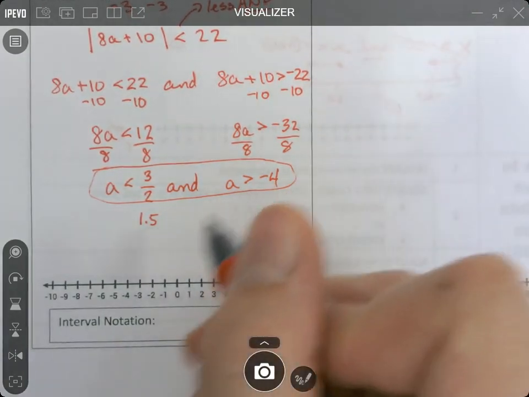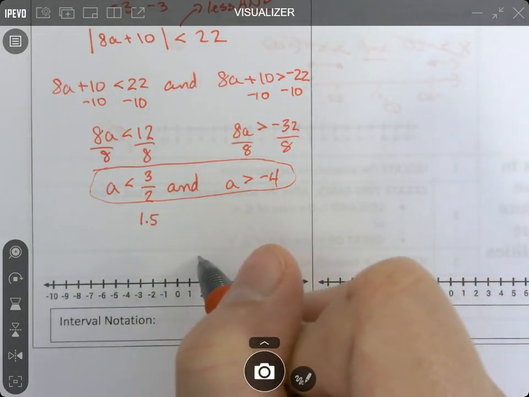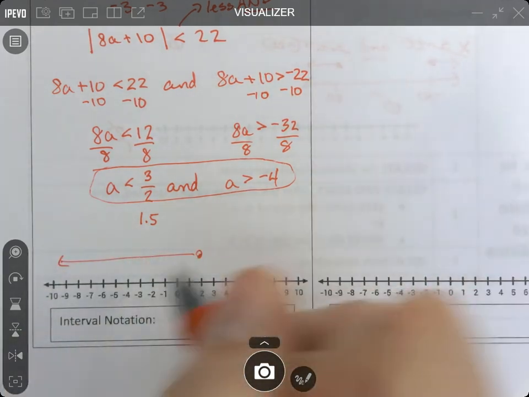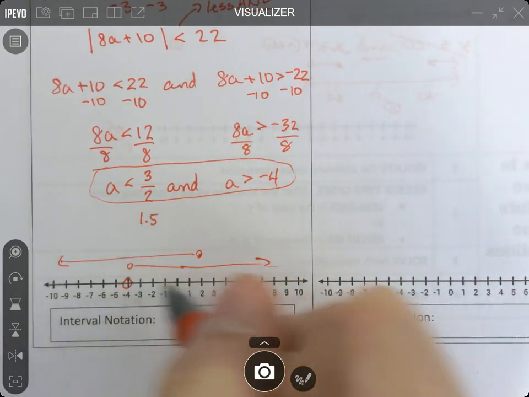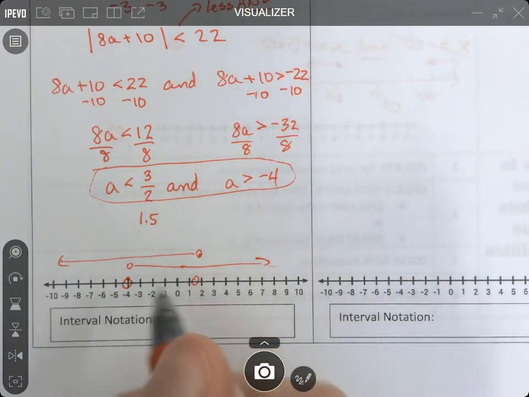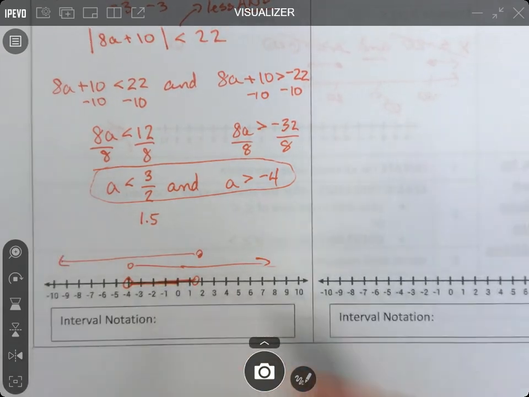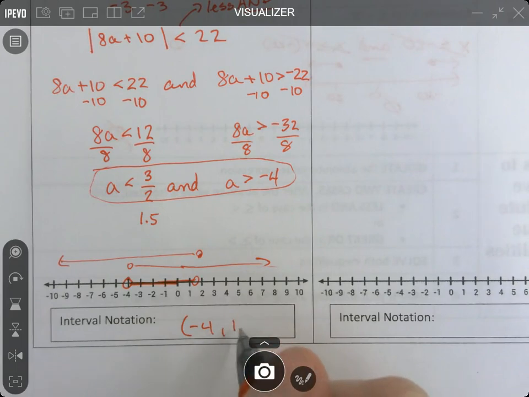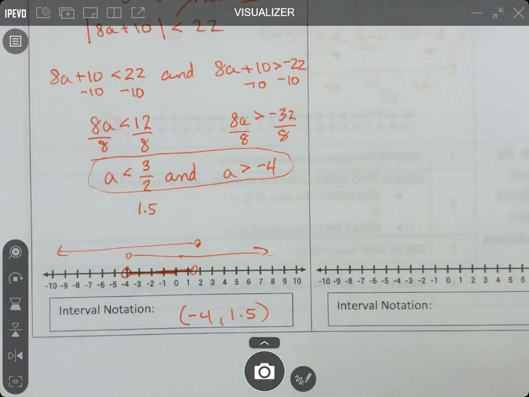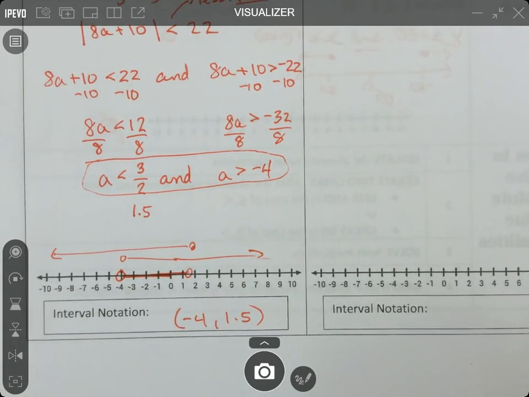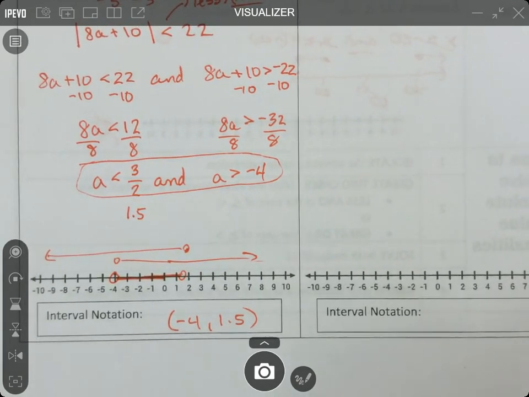Well, it would start at 1.5 with an open circle, and it would go down, and it would start at negative 4, and it would go to the right. So I am happy with an overlap, open circle to open circle, and that means interval notation, parenthesis, negative 4 to 1.5. Good? All right, next problem, really similar. What's your first step in number 4?